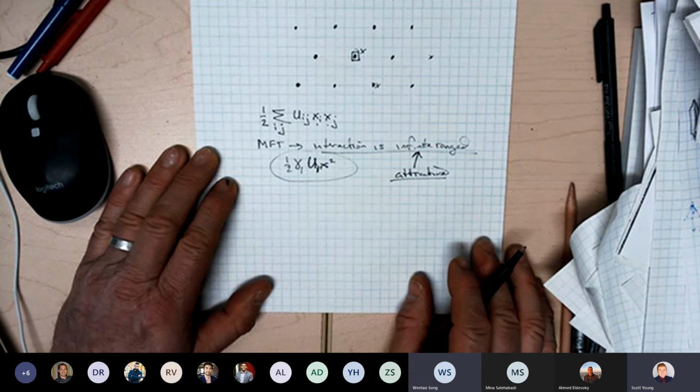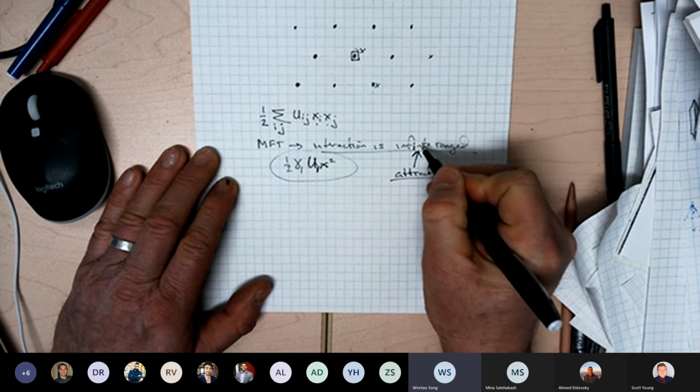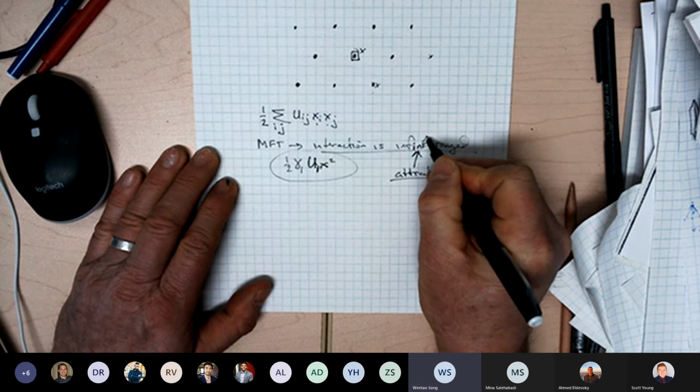Jeff, does this have to do with the band structure of the solid? The band structure, because it forms a band that gives the attractive interaction. No. Okay.